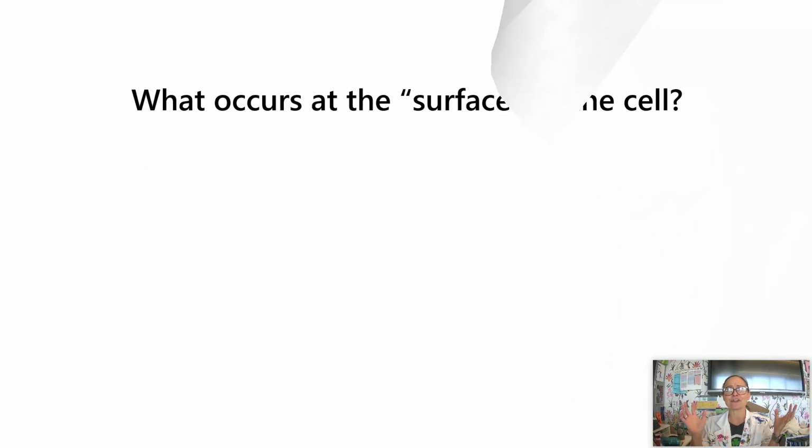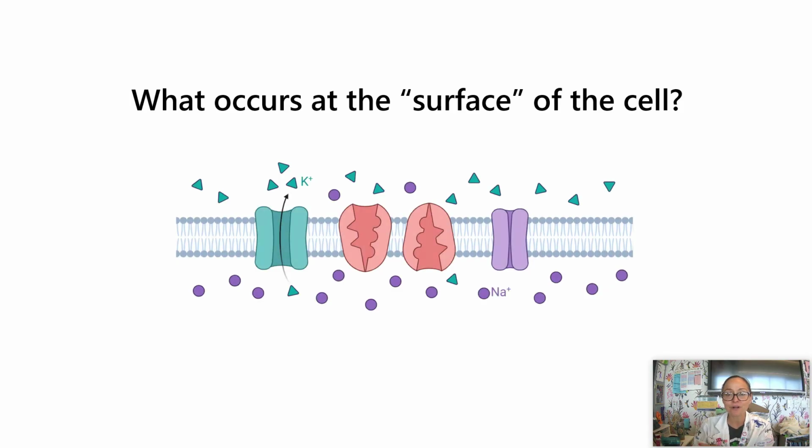So we want to think first, why does the surface of a cell matter? What is happening at the surface of a cell? Now this is the beginning of Unit 2, so we have not got into transport yet, but this is where molecules are going to enter and leave a cell through the cell membrane along the surface of the cell.